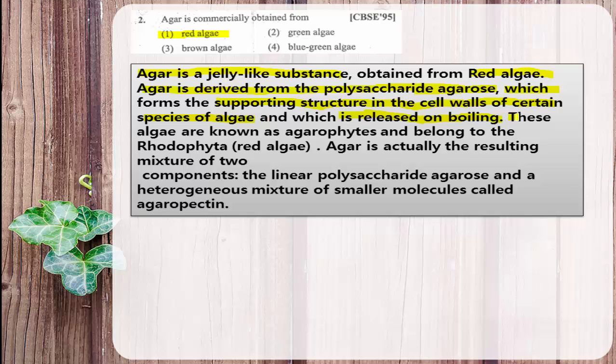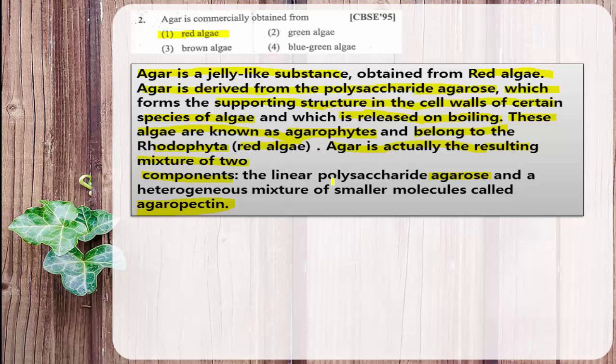One additional point you need to remember: the algae from which agar is obtained are called agarophytes, and these members belong to the Rhodophyta, which is nothing but red algae. Agar results from a mixture of two components, agarose and agaropectin.